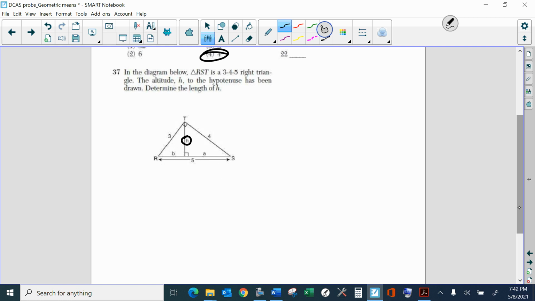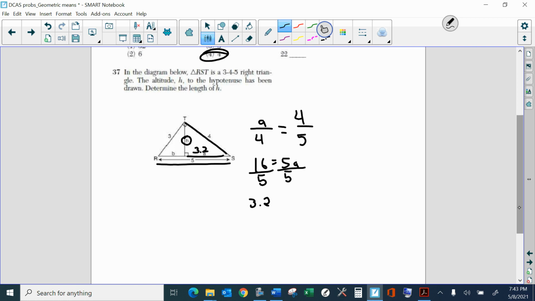So I need to use, for example, that one first and get what a is. So I know that's 4, and that's 4 right there. And this length is a, and the whole length is 5. So I have 16 equals 5a. So a equals 16 fifths, which is 3.2. The whole length is 5, so that makes b 1.8.